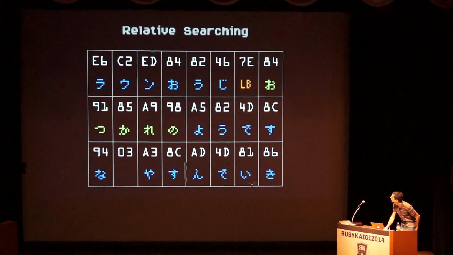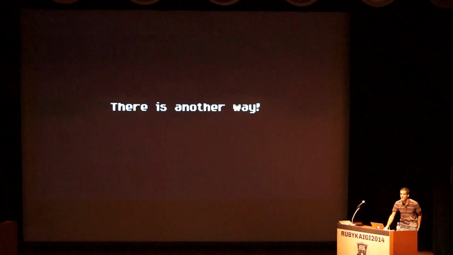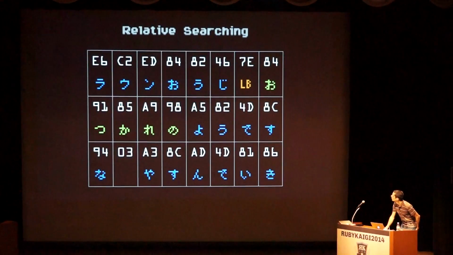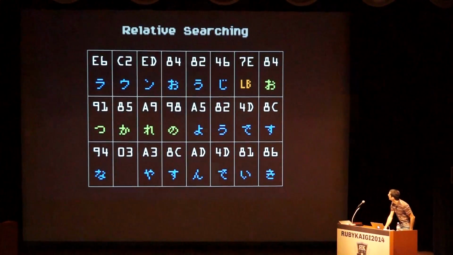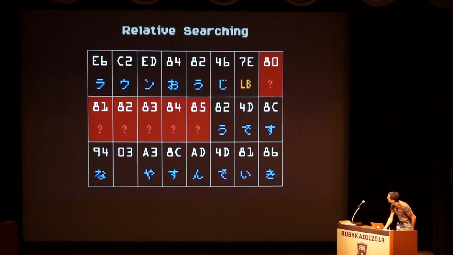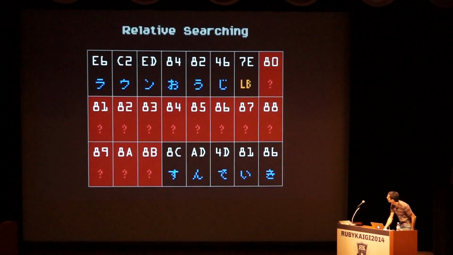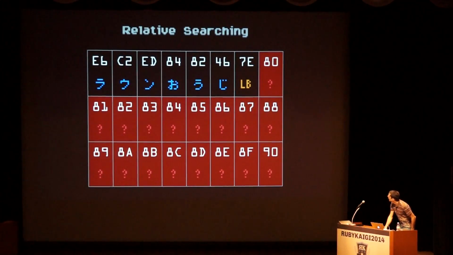Well, there is another way. What if I take my hex editor and I start doing this? 80, 81, 82, 83, 84, 85, and then I go back to the game and re-execute it. I have a known exploit in the game now.